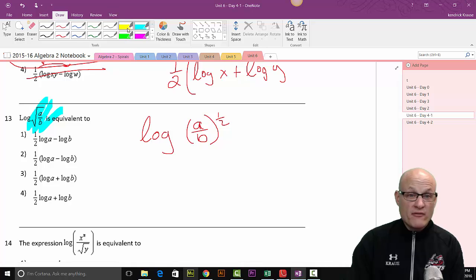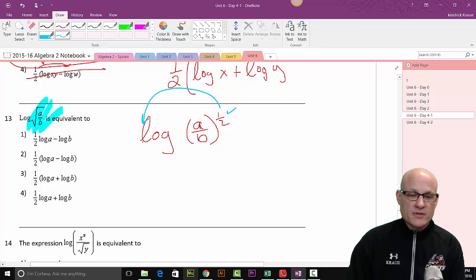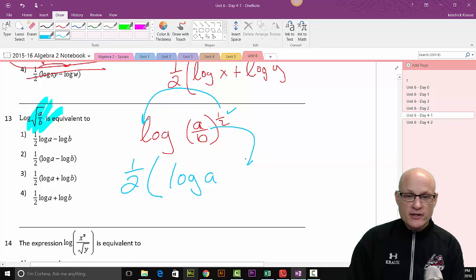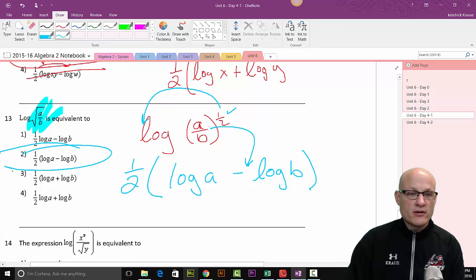So, both of these things are going to get this exponent. So this becomes, it slides out front, 1/2 parentheses log A, this division turns into minus log B. Now it's either like that or with it distributed. There it is. Number A didn't distribute it.